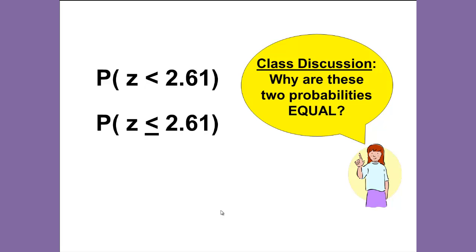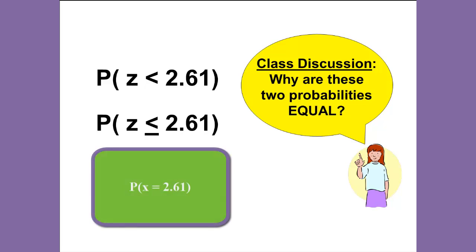And here is a class discussion. Why are these two probabilities equal? One is the probability that z is less than 2.61, and the second one is the probability that z is less than or equal to 2.61. First, think about the difference of the two statements. The second statement only adds the number of 2.61 itself. That's the only difference in the two statements. So what would the probability of z equaling 2.61 be?